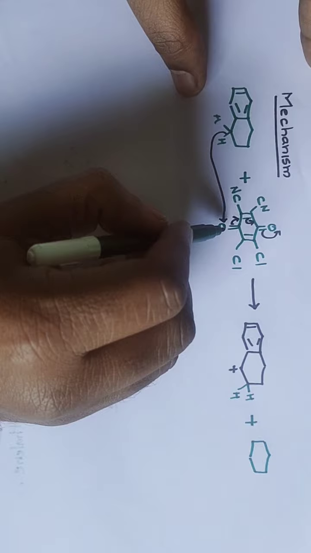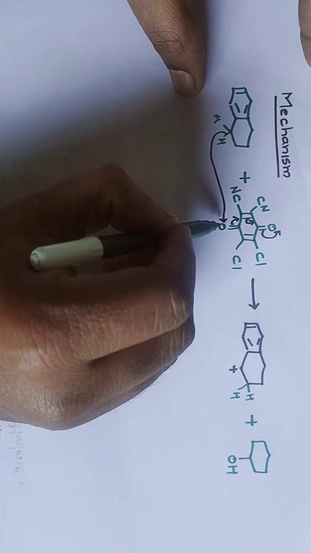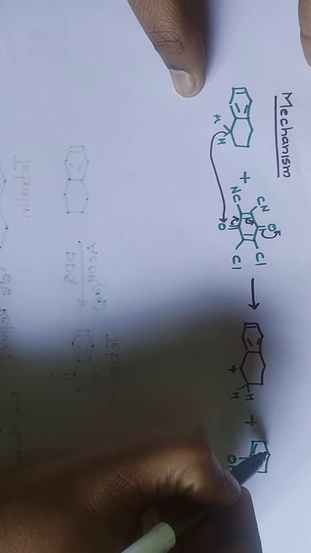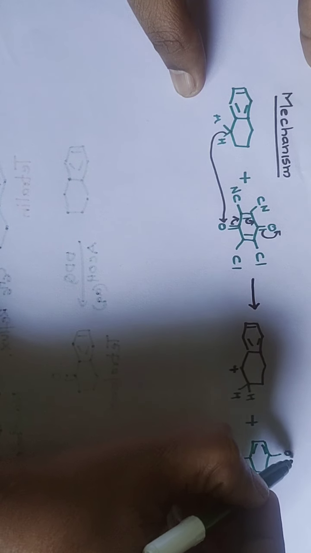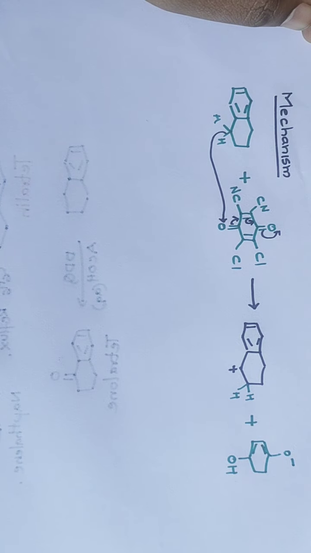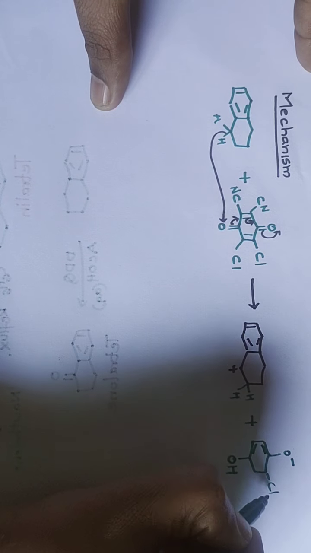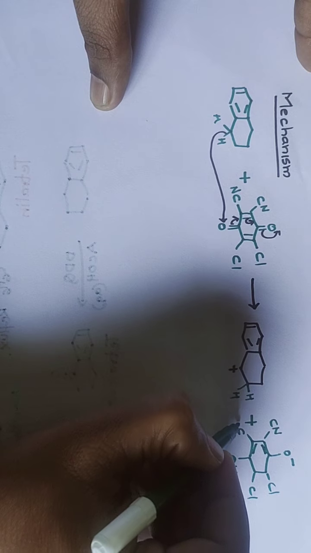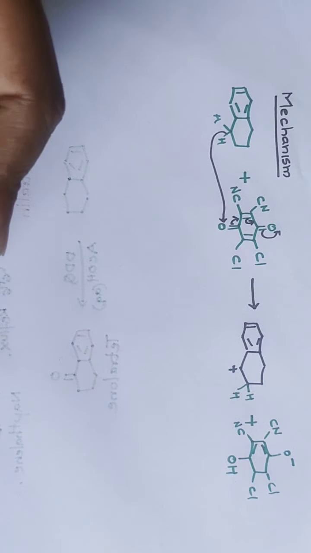You get OH here, the double bond has moved here, and you get O minus. The remaining is as it is, Cl, Cl, CN, CN.